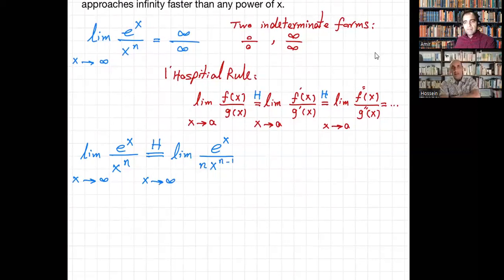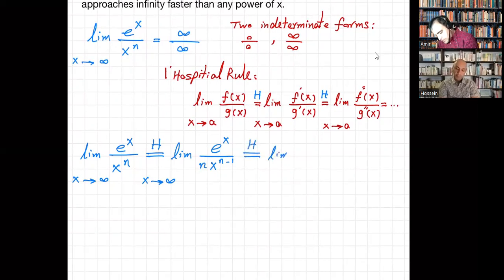This is the derivative of a polynomial function. When we replace x with the infinite value in the numerator and denominator, we again obtain this indeterminate form, infinity divided by infinity. So I still have an indeterminate form, and I'm going to use L'Hôpital's rule again.